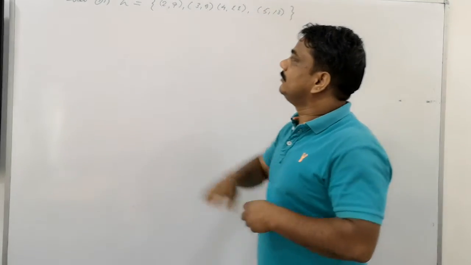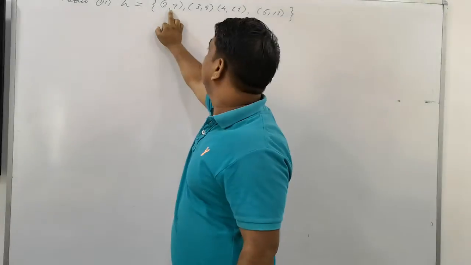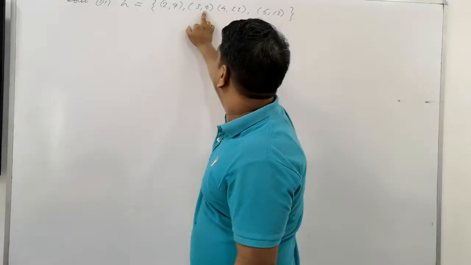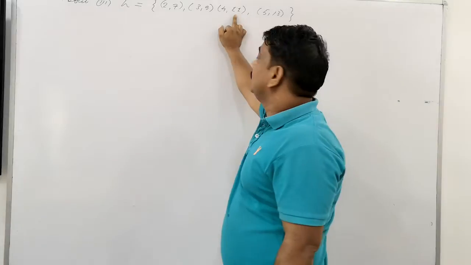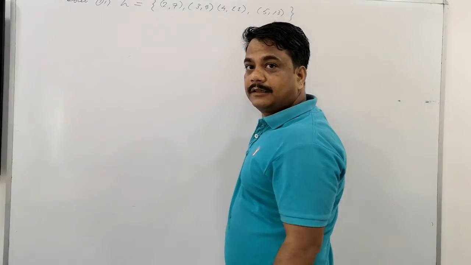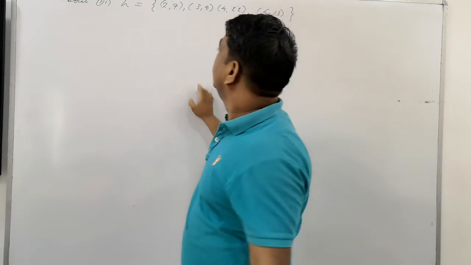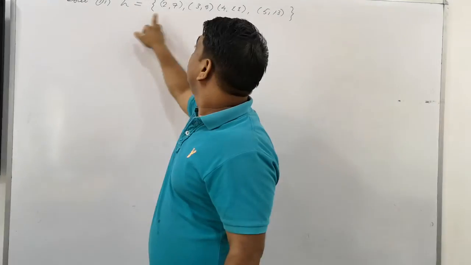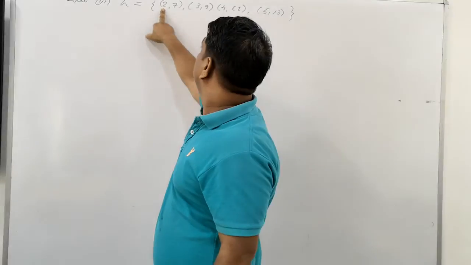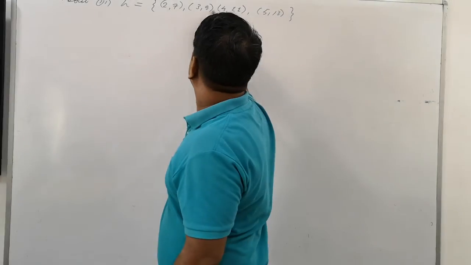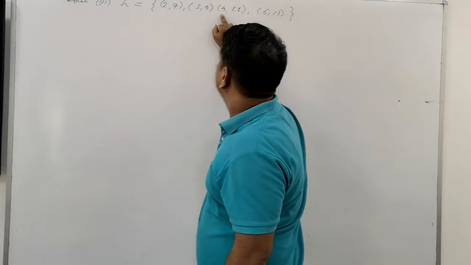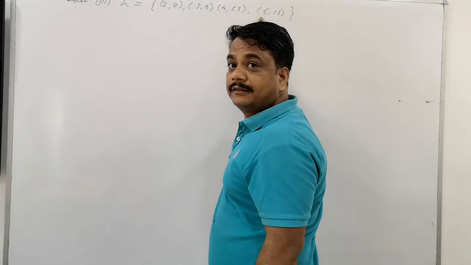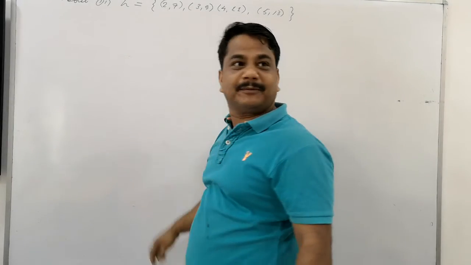Look here. Under H, 2 is related with 7, 3 with 9, 4 with 11, 5 with 13. The same you will do as well. So there is a function, H inverse: 7 related with 2, 9 with 3, 11 with 4, and 13 with 5. Is it a function? Is it possible?